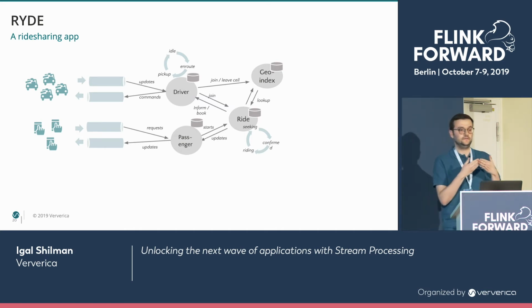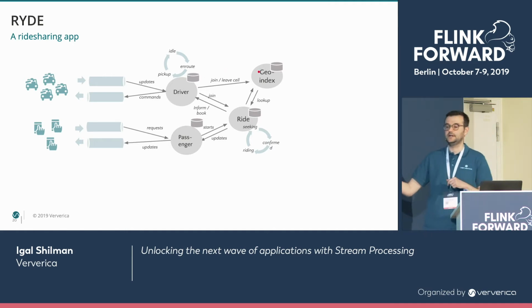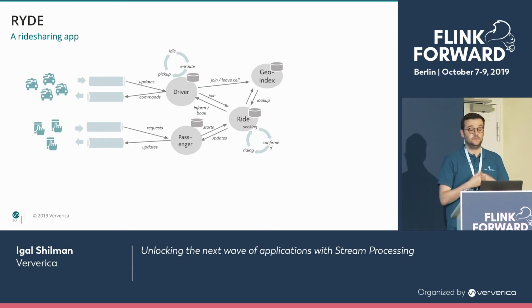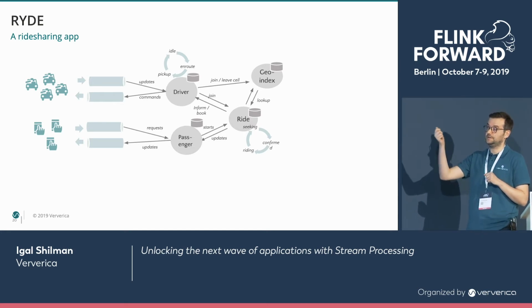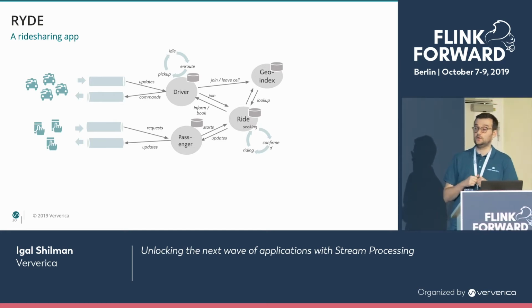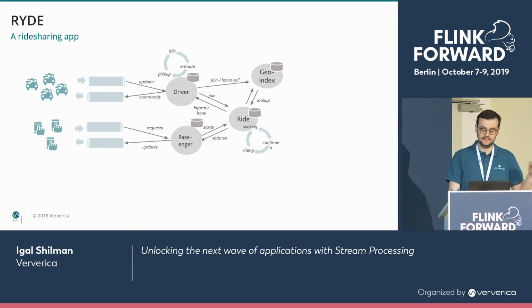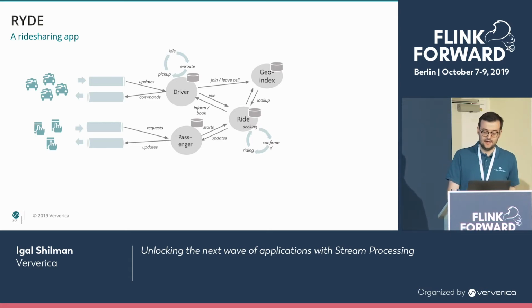So if it's a different one, it can choose to update the Geo index by sending it a message: I'm driver 7, and I'm free to take rides, and I'm going to join that cell, or it can also say, I want to leave cell number 15. You can think of Geo cells like Geo hashing.